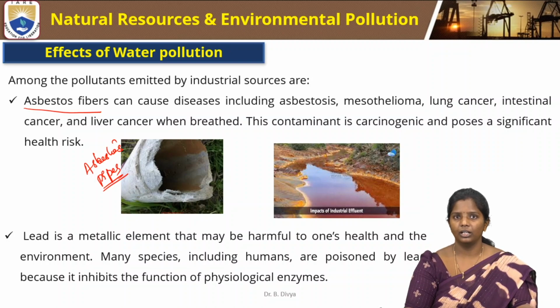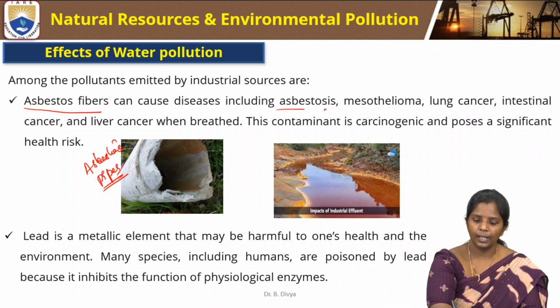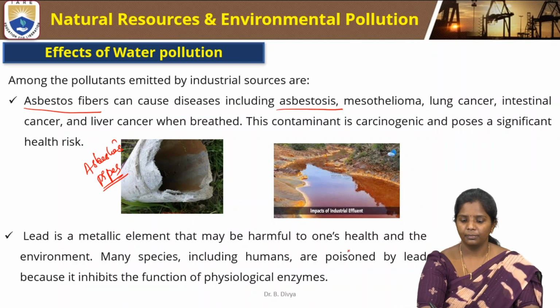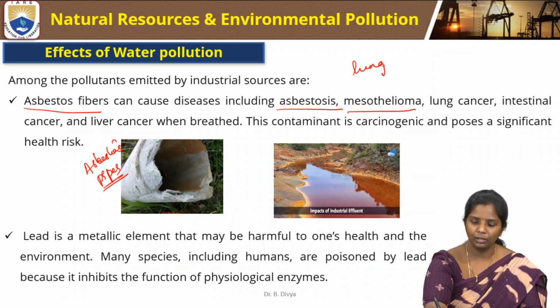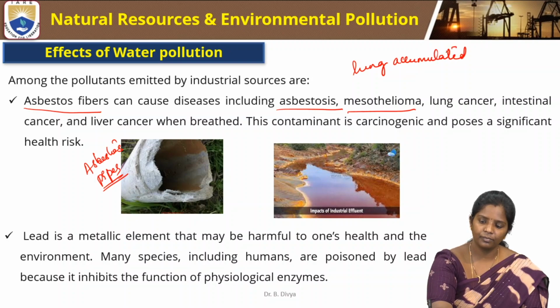The filters cannot filter all the smaller sizes of these asbestos fibers, like 1 micron, 2 micron size. That is why it also causes asbestosis and mesothelioma. The fibers accumulate in the lung and cause lung diseases.